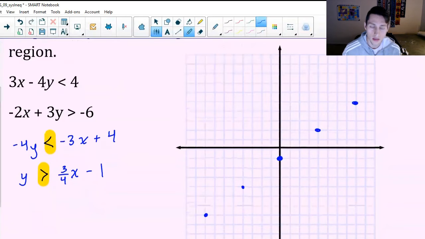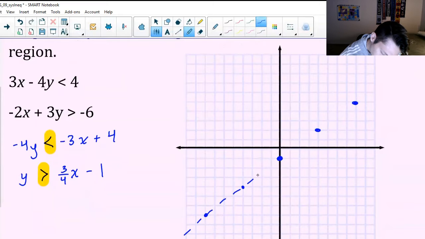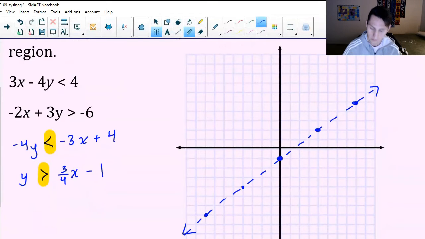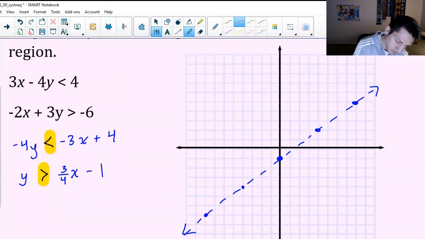Since this is strictly greater than, we'll make a dashed line. So that's the first equation.